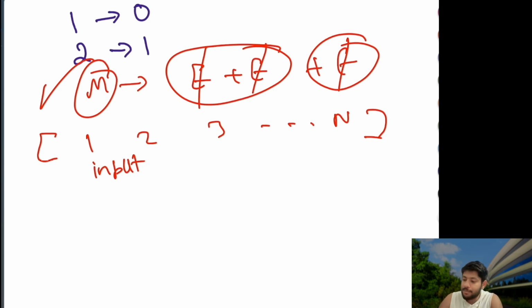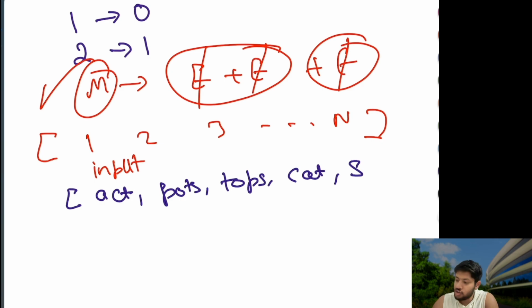Let's take an example of the input. In the input we have act, pots, tops, cat, top, and hat, right? Now every string has its own characters. We know that act and cat are anagrams because they have the same characters, A, C, and T, right?